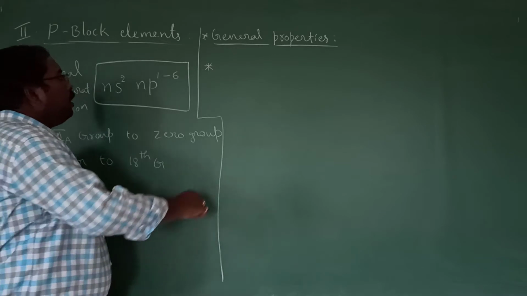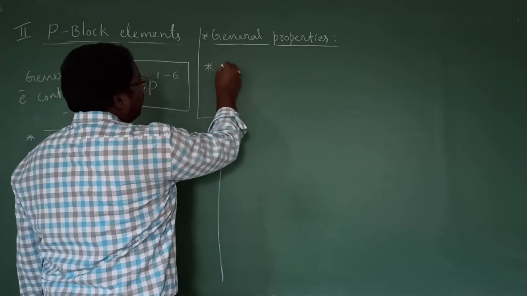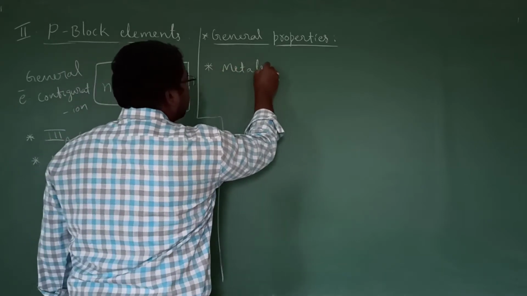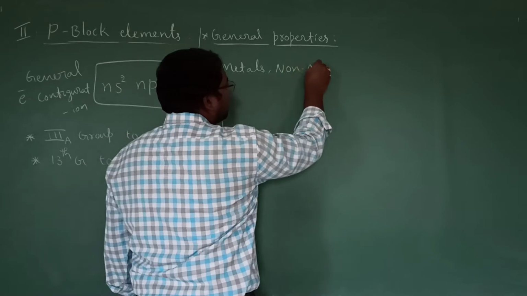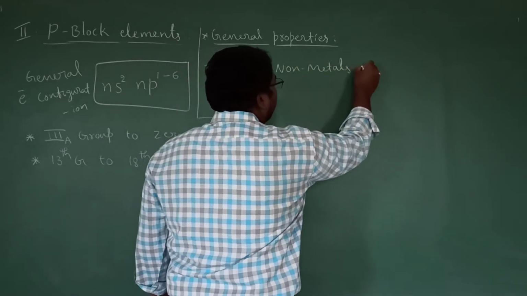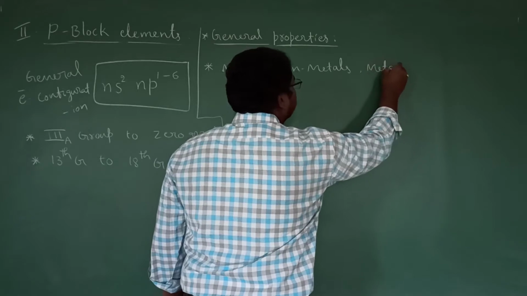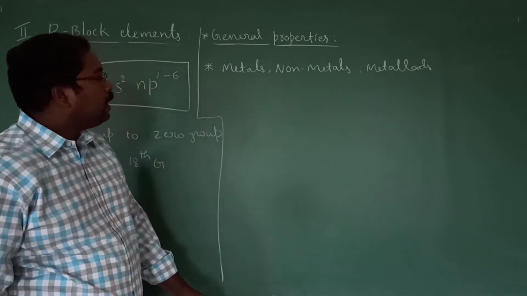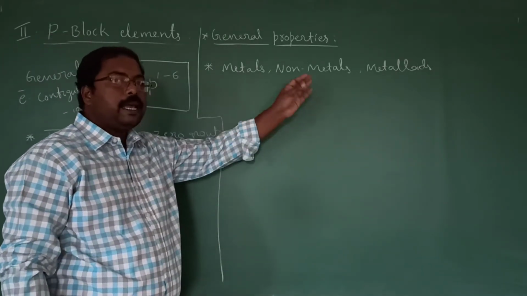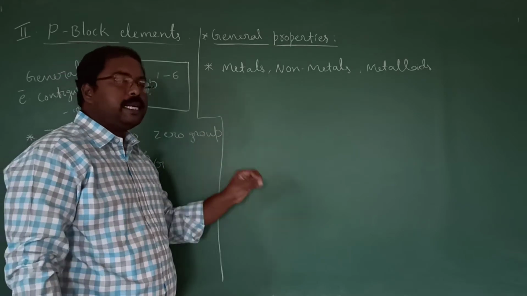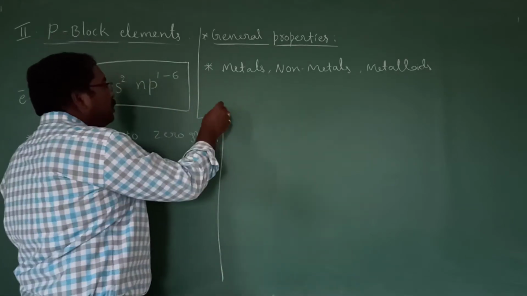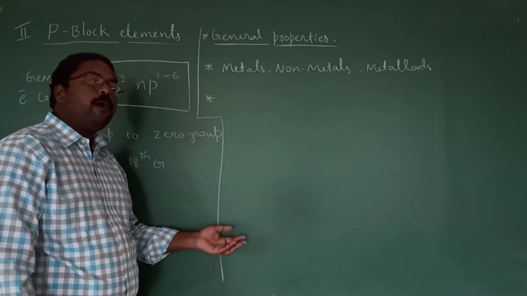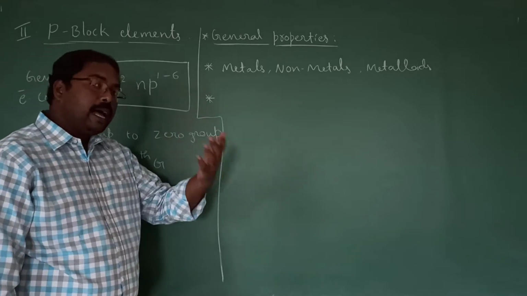Coming to the nature of these elements, p block elements include metals, non-metals, as well as metalloids. Because of the presence of different types of elements, these elements can form both covalent compounds as well as ionic compounds.